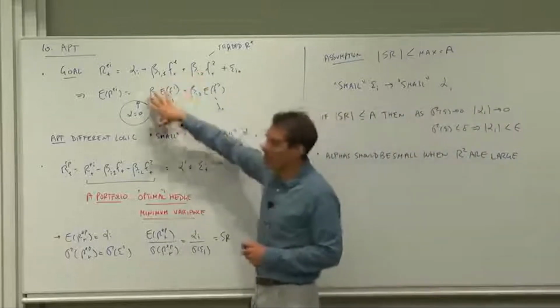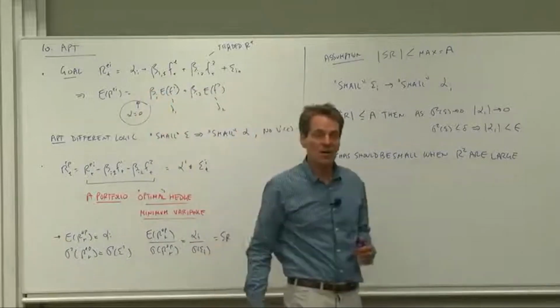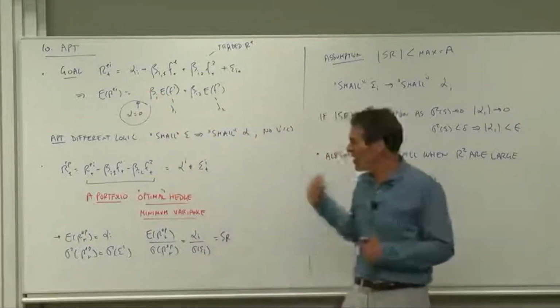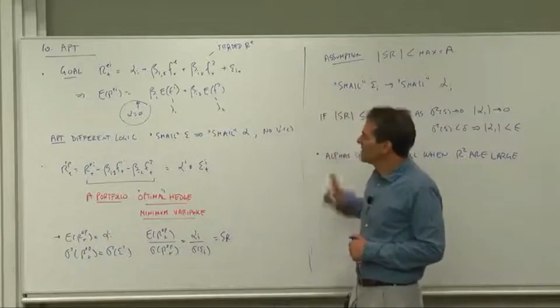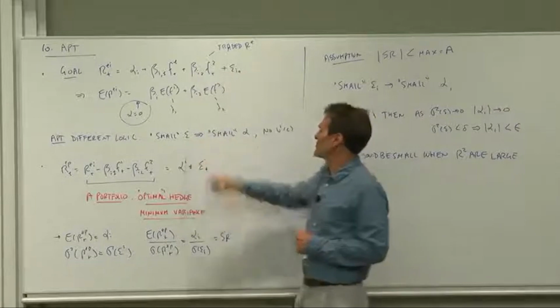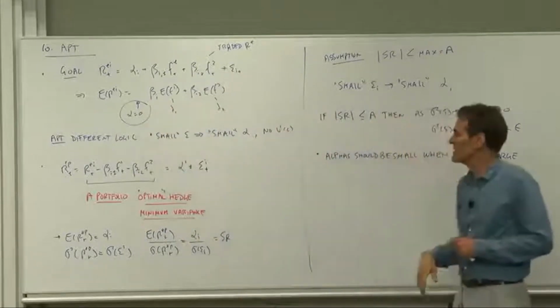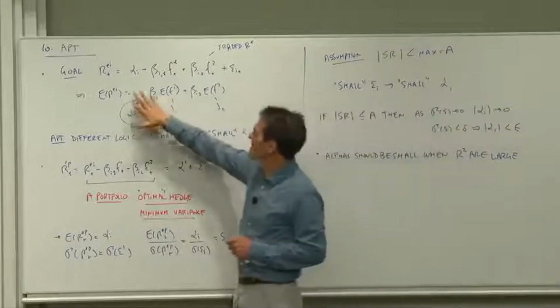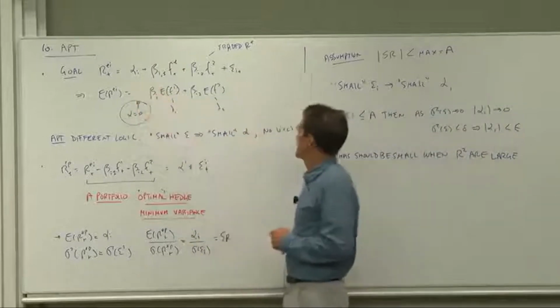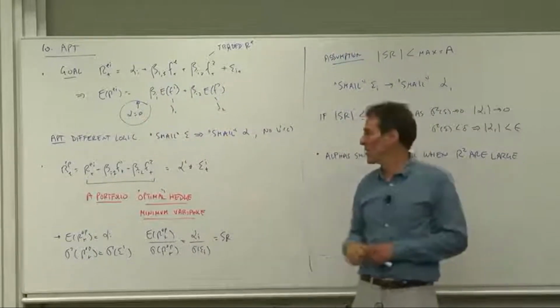Our goal is to derive a factor model. Our goal is to find some logic that alpha should be 0, but we're going to try it from a different way. We're not going to go from the consumption-based model. The idea of the APT is that if these residuals are small, then the alphas should be small. We're not going to prove alpha is 0, but we're going to find some logic under which the alphas will be small without using utility functions, consumption growth, or anything else.